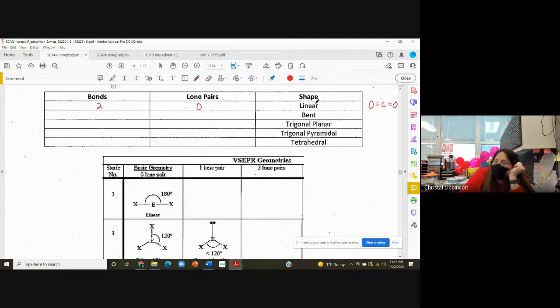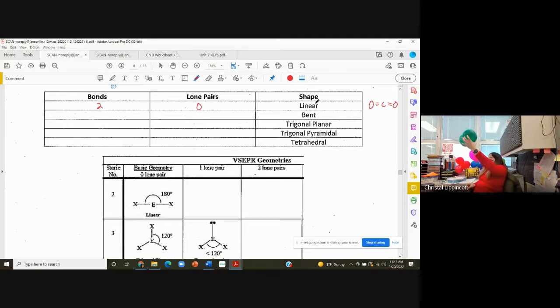So that gives us a linear shape. And what that looks like is this. Okay.